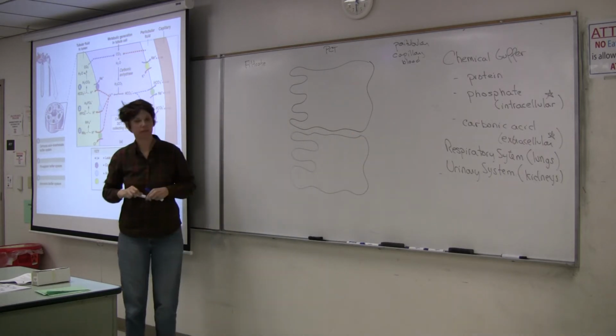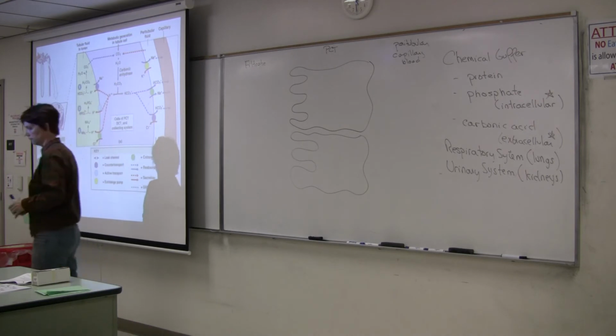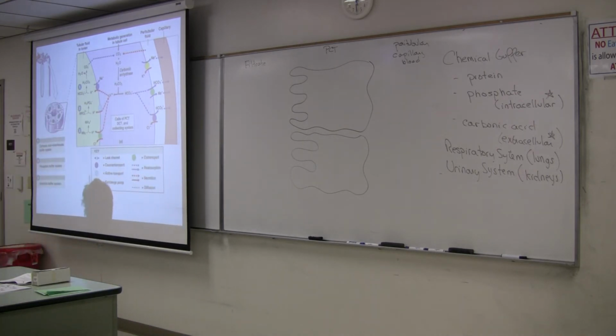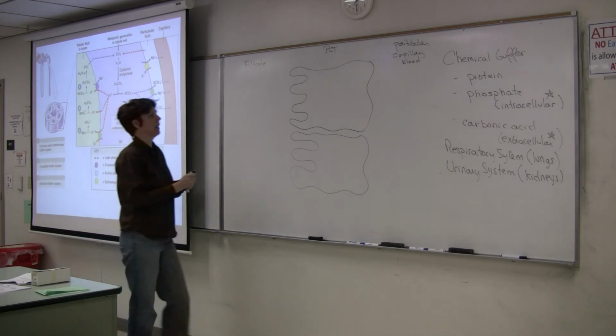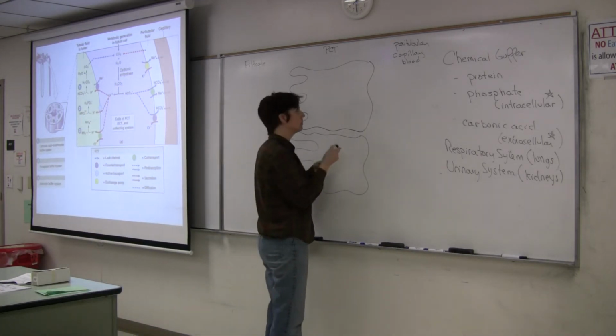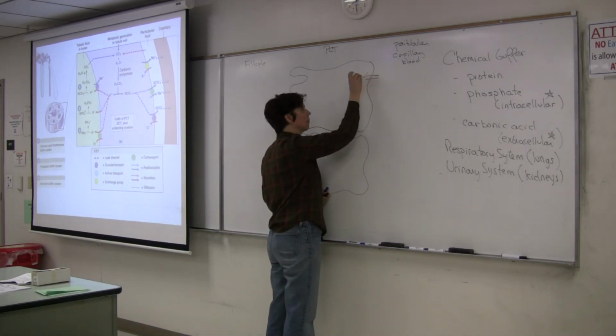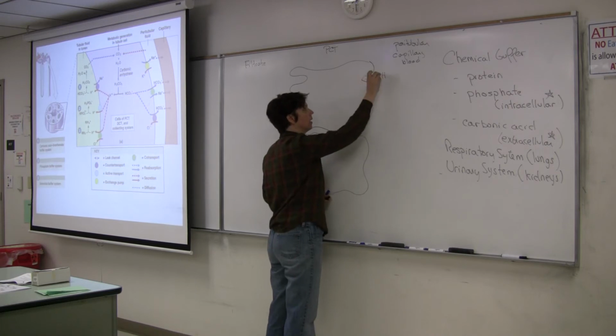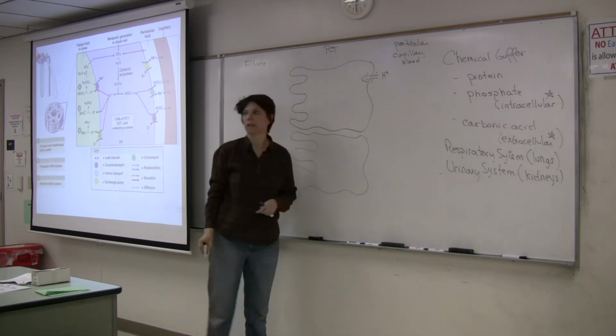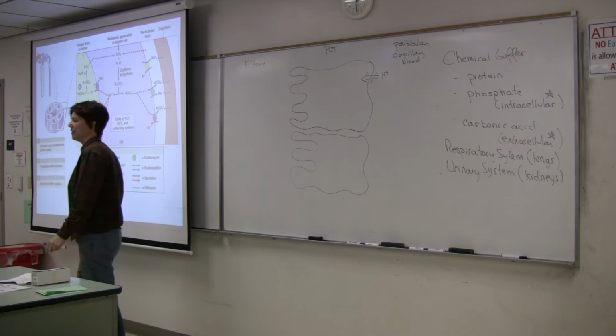Now, we have a situation, similar to the respiratory system, in which our basal membrane, our basolateral membrane, doesn't allow hydrogen ions to cross the membrane.